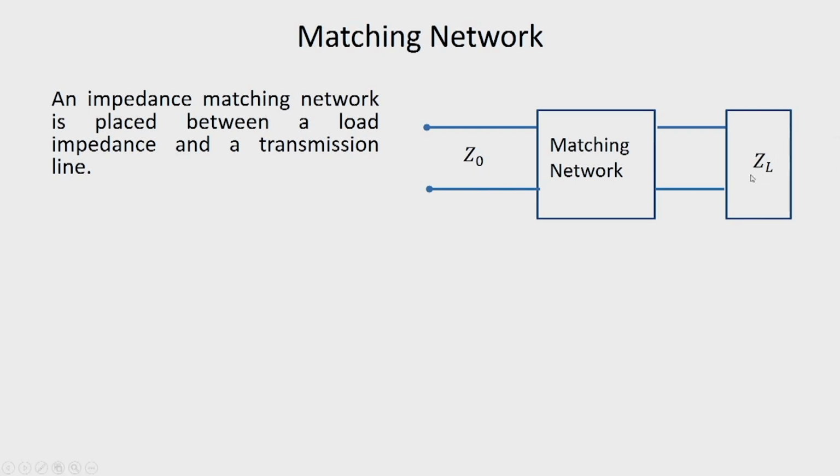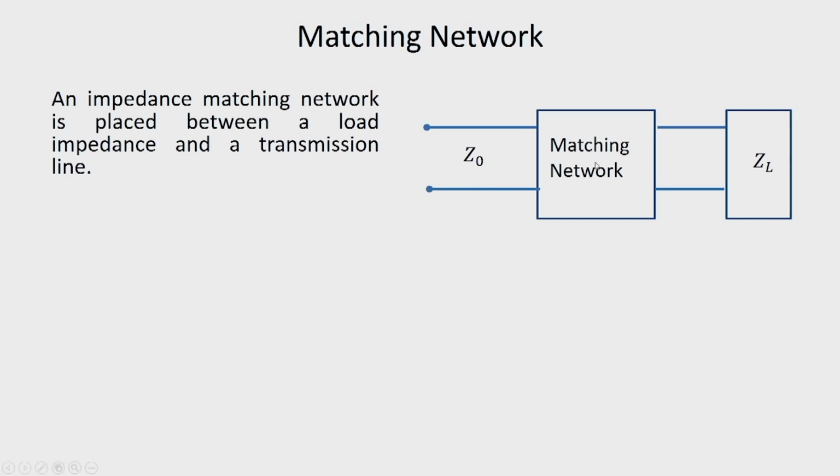We know that if we connect ZL directly to this transmission line, then when ZL is not equal to Z0, there will be a reflected signal and the power will not be fully absorbed by the load, it will be reflected back. So, what do we do?